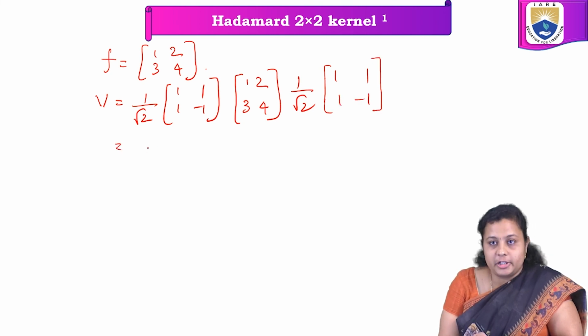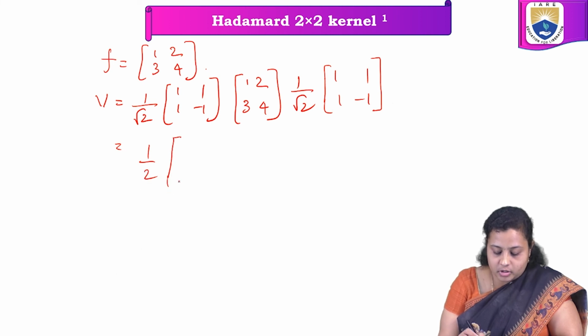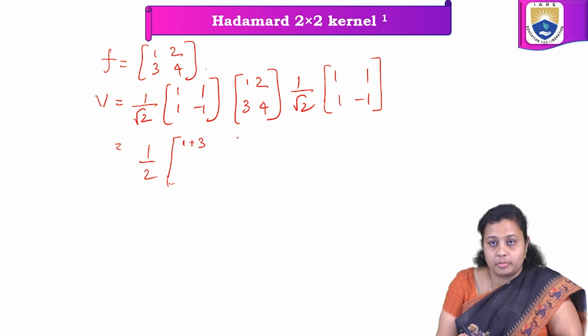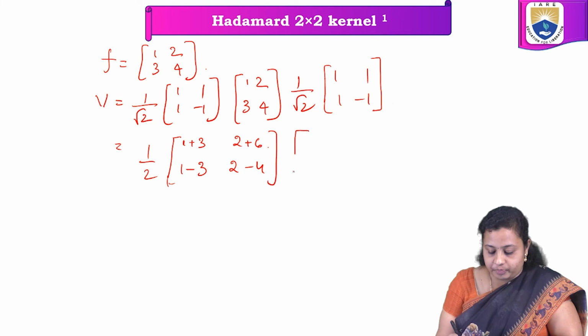So if I multiply it, I get 1 plus 3, which is 4, 2 plus 6, which is 8, 1 minus 3, and 2 minus 4, into [1 1; 1 minus 1].